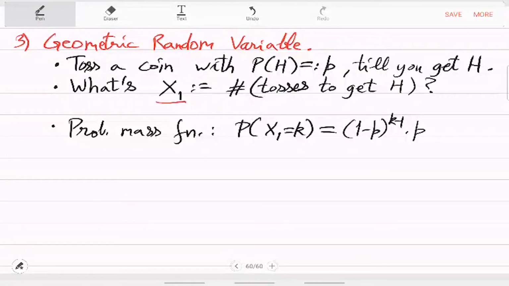And what is the expectation? The expectation of x1 is, by definition, the sum over all k of the probability that x1 comes out to be k, times k.